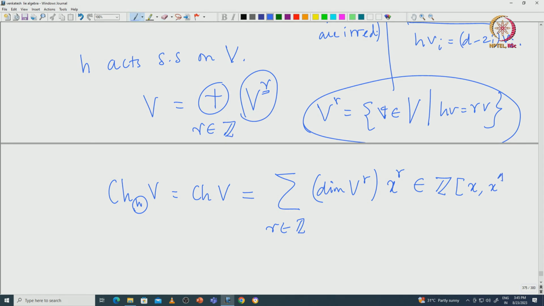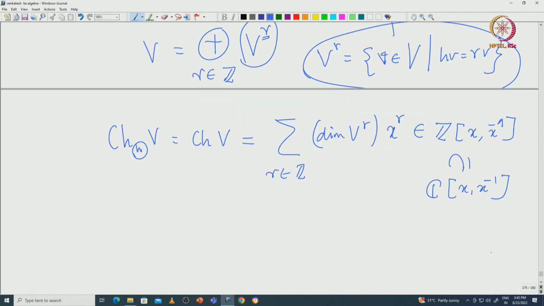Okay. You can also think of this as sitting inside the Laurent polynomial ring over complex numbers, there is no issue. Since V is finite dimensional, this is actually a finite sum. Okay. Only for finitely many gamma can the dimension of V gamma be non-zero.